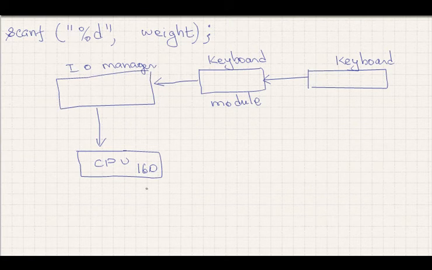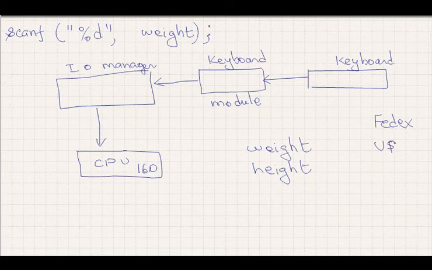Now CPU says, I got 160, but where do I put it? There is a weight variable we have, height, so it needs the address of the weight. This is much similar to FedEx, UPS.